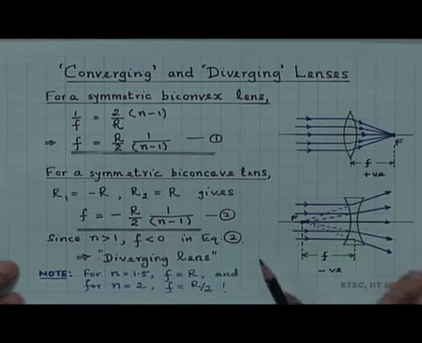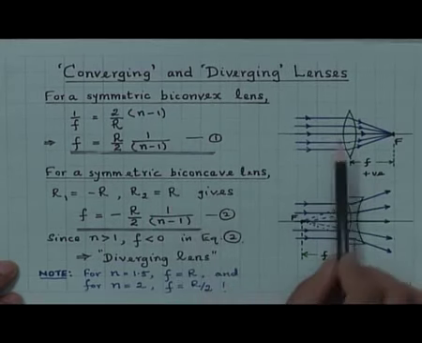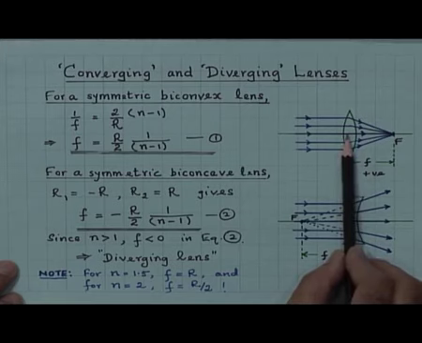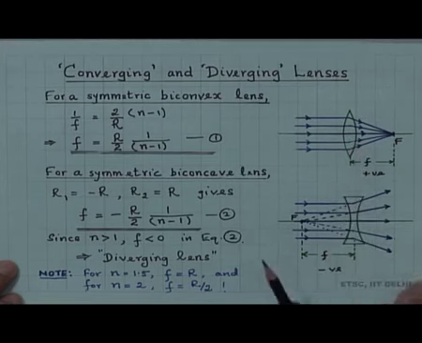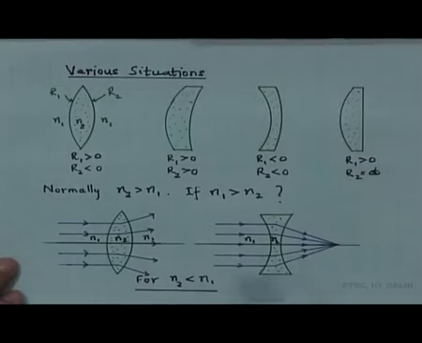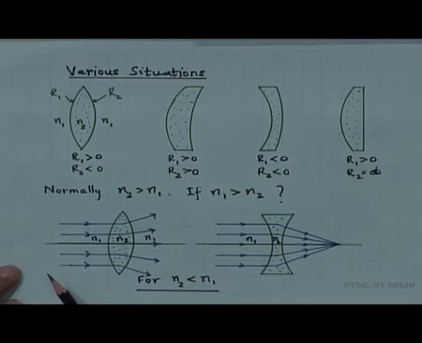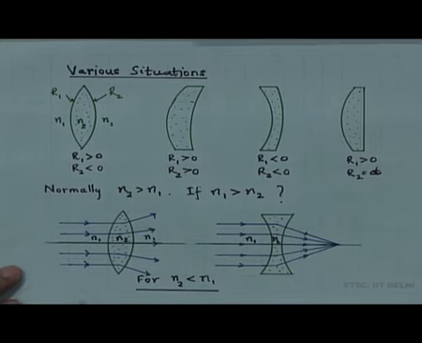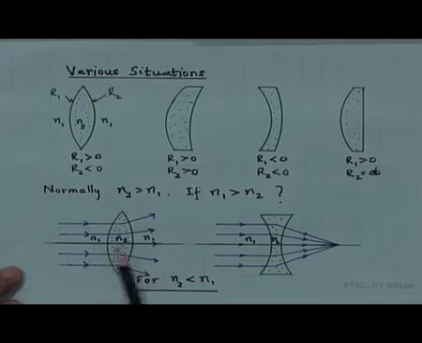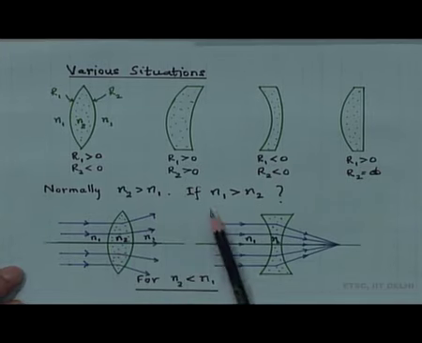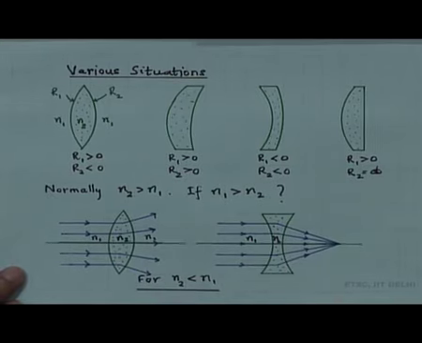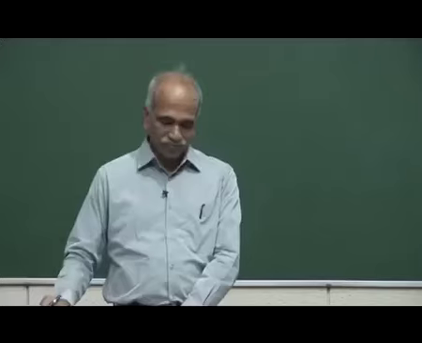But all the while we had assumed that the refractive index of the lens is greater than that of the surroundings, but in the reverse case, when the refractive index of the lens is smaller than that of the surroundings, it is possible that if this is immersed in a liquid of refractive index greater than that of glass, then it is possible to have this situation, and in this case the convex lens can become a diverging lens and a concave lens can become a converging lens.